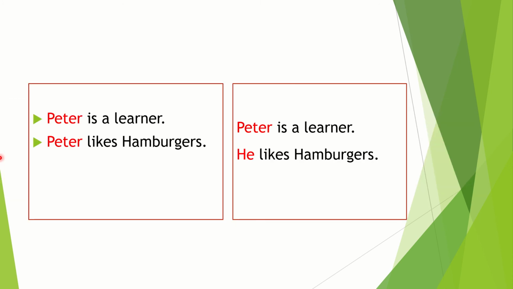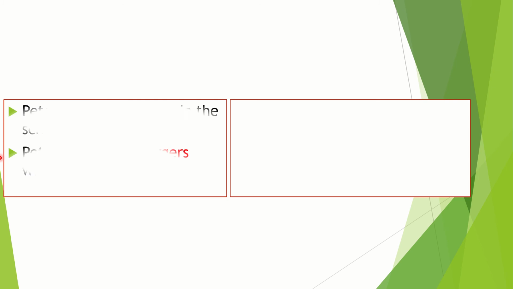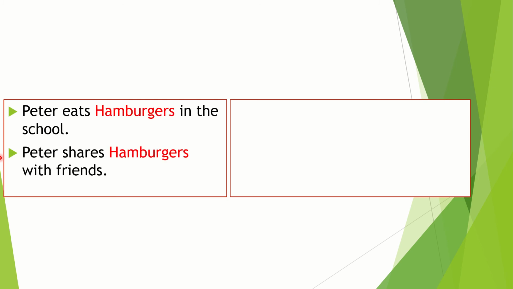Here, the most important thing is we discussed about subjects. Peter eats hamburgers in the school. Peter shares hamburgers with friends. Okay. What position takes this word hamburgers in this sentence?